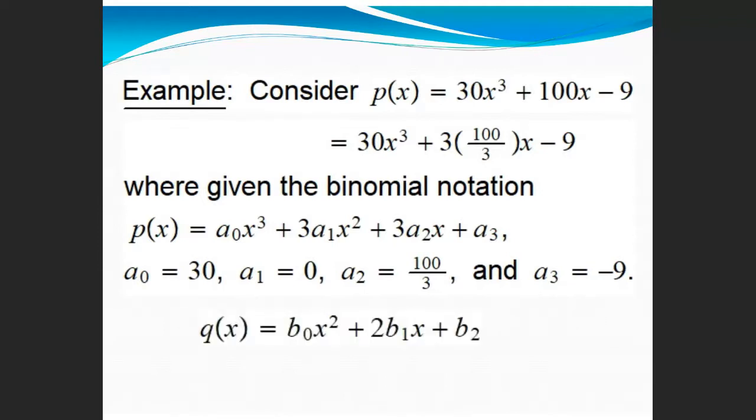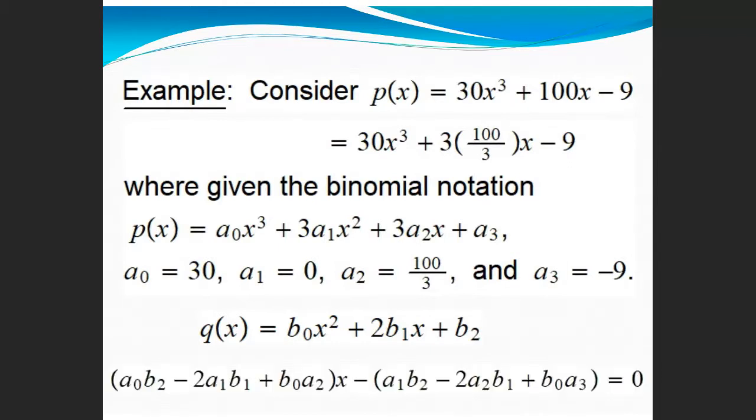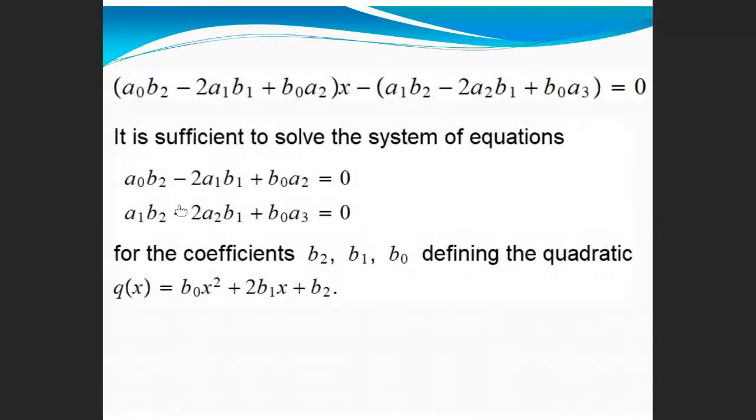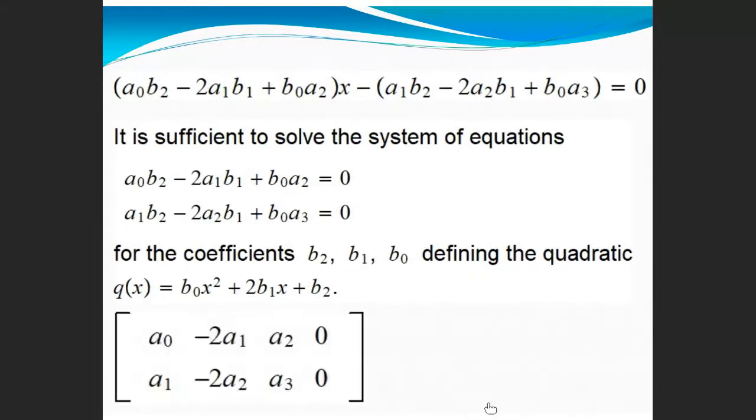And then what we'll do now, we'll solve for a quadratic that's apolar to the cubic. And so we'll take this equation we're trying to solve, and we'll solve it by using a system of two equations here, and we'll use that to find the b sub i's that are the coefficients of the quadratic. And so we can solve the system by using an augmented matrix here.